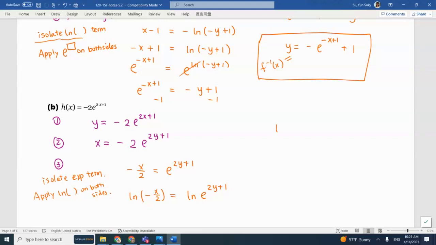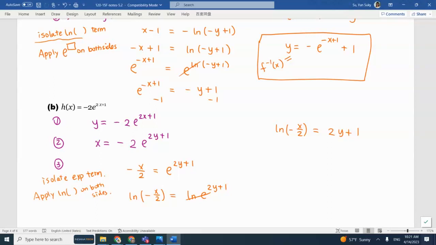On the left-hand side is ln of negative x over 2, right? On the right-hand side, what happened? Yeah, ln and e cancel, we get 2y plus 1. So far, so good, everybody?